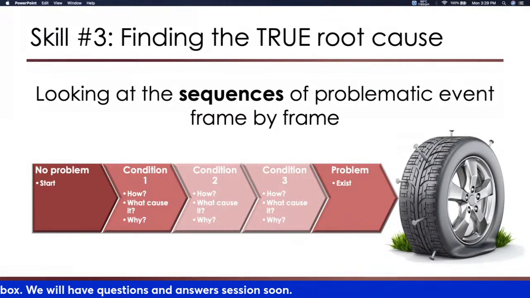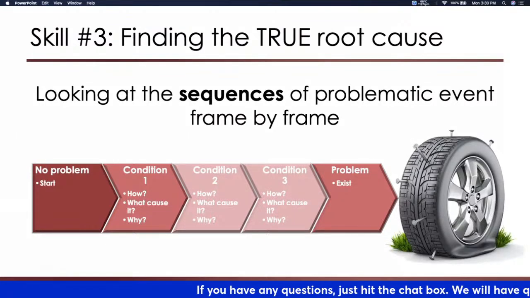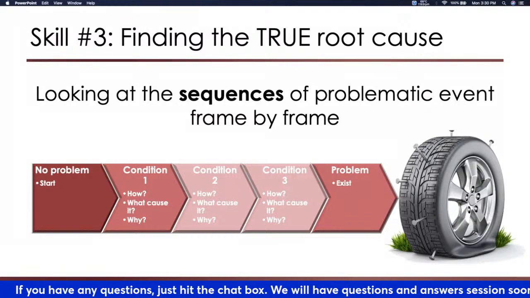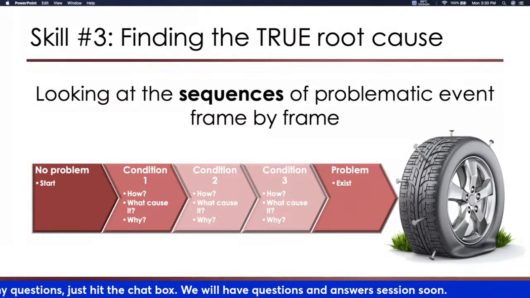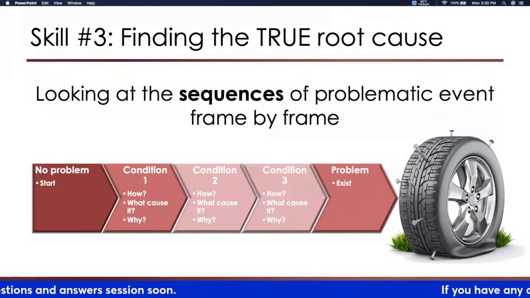So how does the nail interact with the tire? We need to go deeper to find what creates the issue. Some nails interact with the tire and do not create a puncture, and some interactions between the nail and the tire create a puncture. So we need to specifically identify what kind of interaction creates the problem.